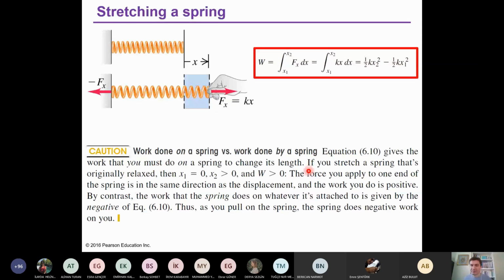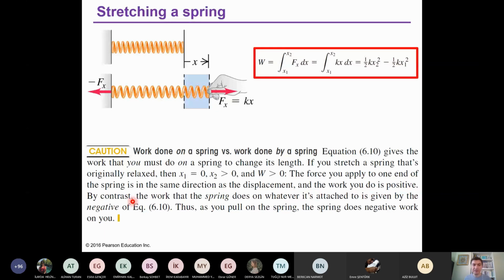If you stretch a spring that's originally relaxed, then x1 is 0. What is the meaning of this? Originally, the spring is relaxed, and then you changed its position to x2. Okay, then you did work on the spring. The force you apply to one end of the spring is in the same direction as the displacement, and then the work you do is positive. I have already told you.